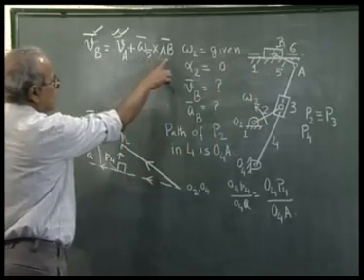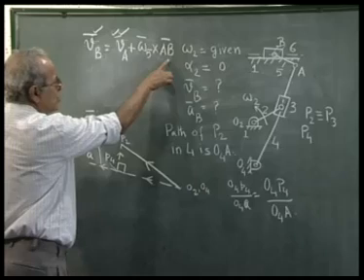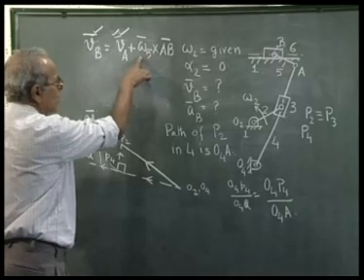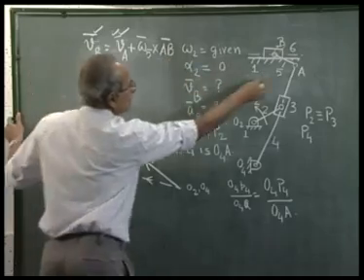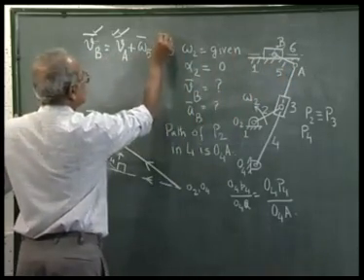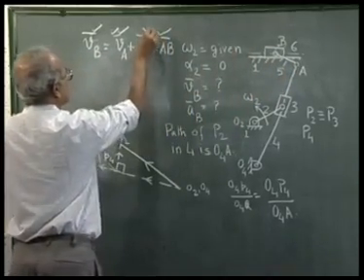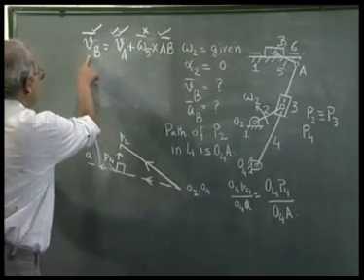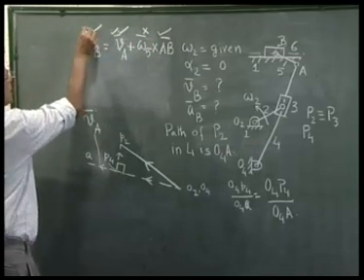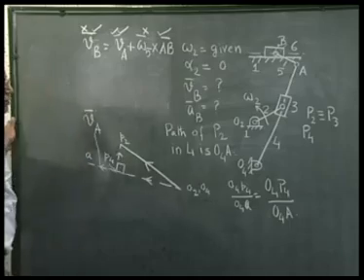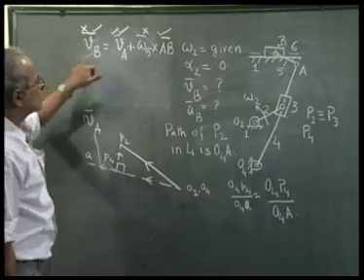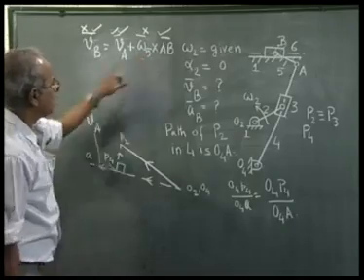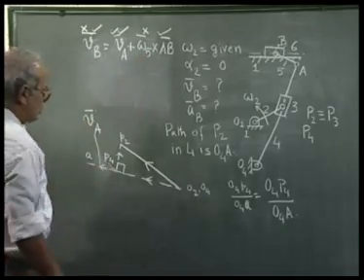Omega 5 cross AB, I do not know the magnitude because I do not know the magnitude of omega 5, but I know the direction. It is perpendicular to the vector AB. So I know the direction but do not know the magnitude. For VB, I know the direction horizontal but I do not know the magnitude. So again in this vector equation, I have only 2 crosses, that is 2 unknowns, so I should be able to complete the velocity diagram.